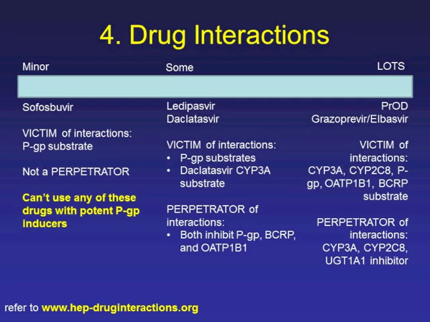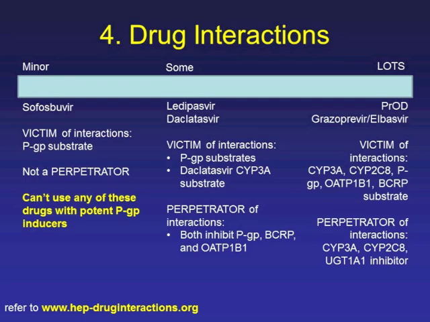Daclatasvir and ledipasvir have some interactions. They are primarily victims rather than perpetrators in interactions. But daclatasvir, as I mentioned before, is a substrate for CYP3A4. You have to adjust its dose based on the other medications that you're giving in addition to the hep C treatment. And then these drugs can inhibit transporters also.